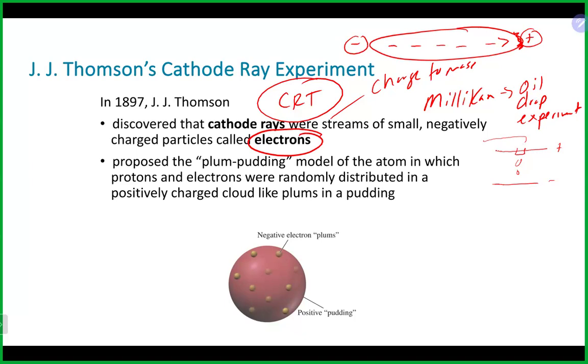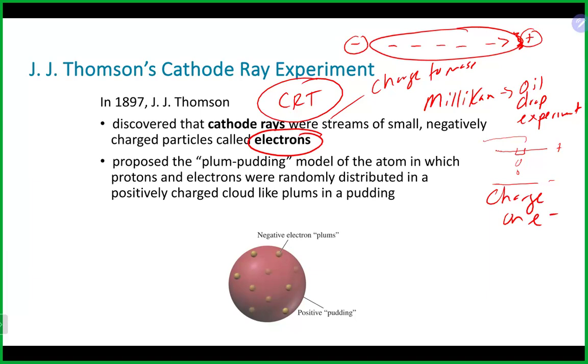As they were dropping, they would gain a charge, and he adjusted the electrical field so that the droplets would just hang there. What he was able to determine from that experiment was the charge on an electron. So these two experiments were really important in terms of the electron.